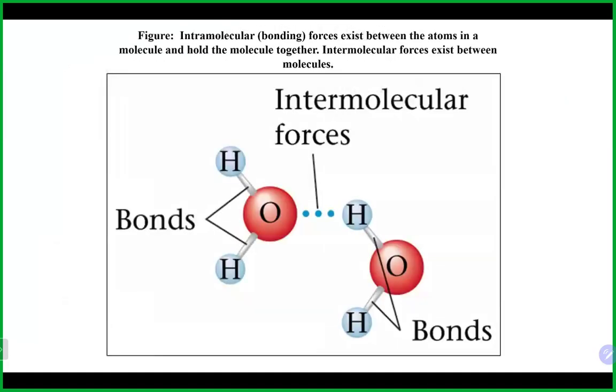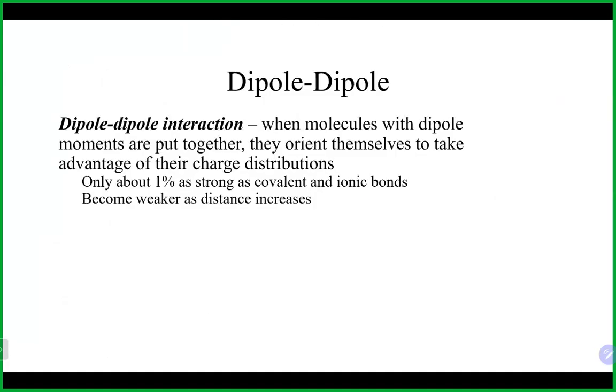All right, so we're going to talk about different types of intermolecular forces. All these forces that we're going to talk about are intermolecular forces. The first type of intermolecular force is what is referred to as dipole-dipole. You might remember the word dipole from bonding.